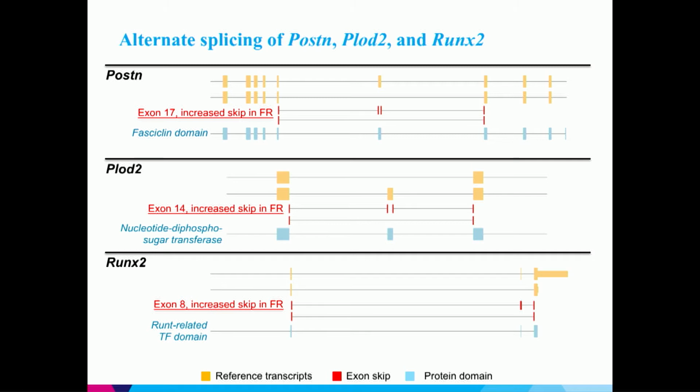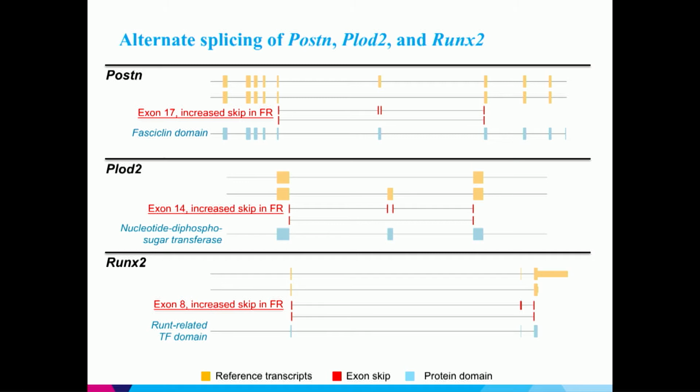RUNX2 has been previously shown to express different transcript isoforms that play a role in development. The different isoforms that have been described mainly differed in the 5' end, so using alternative promoters, but we're seeing in our data set that there are also other differences more towards the 3' end.